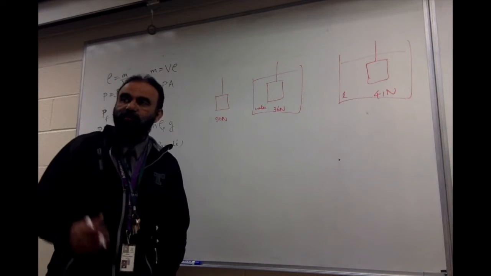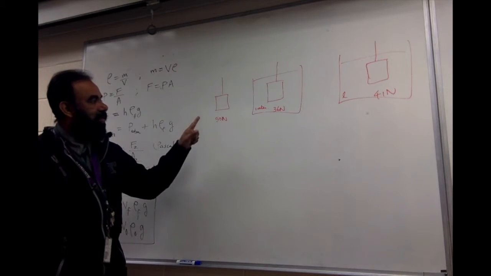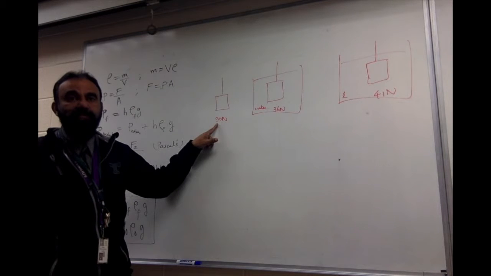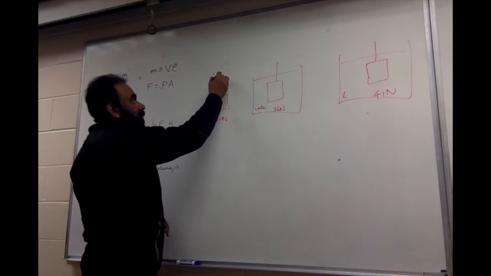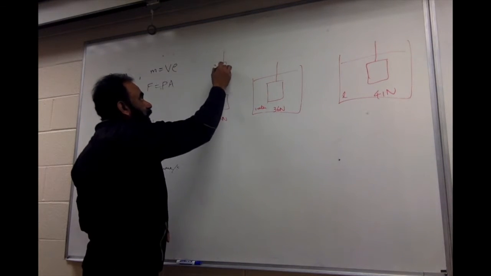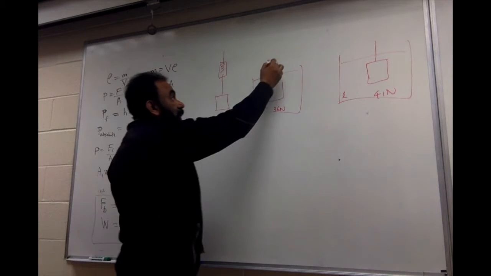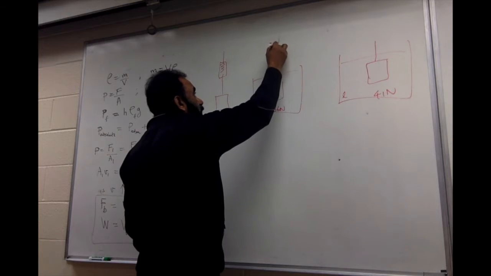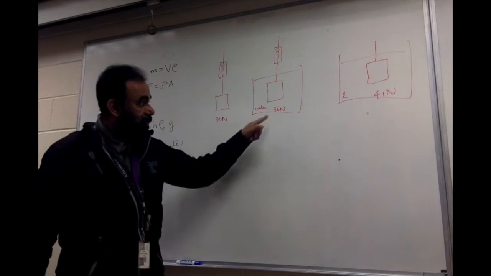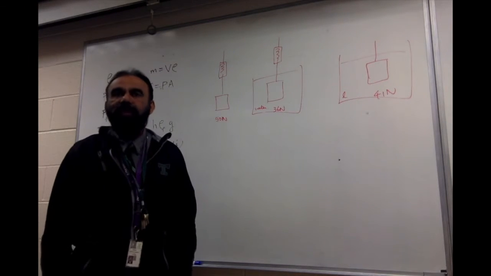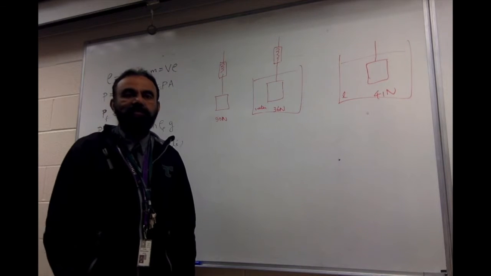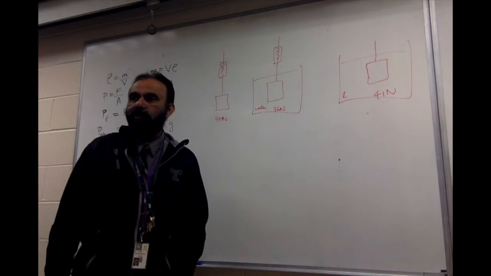Now first let's find out what you can understand from this scenario. It was reading 50 newtons, right? If I have a scale here, that scale will read 50 newtons. And if I have this scale here, that scale will read 36. So tell me, why is it lower now?